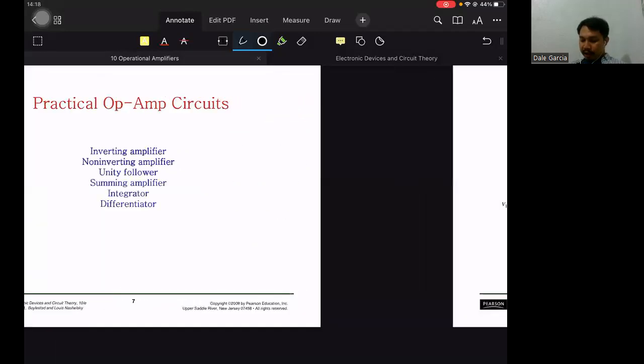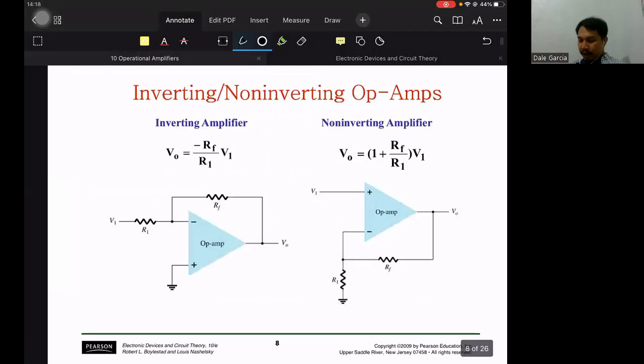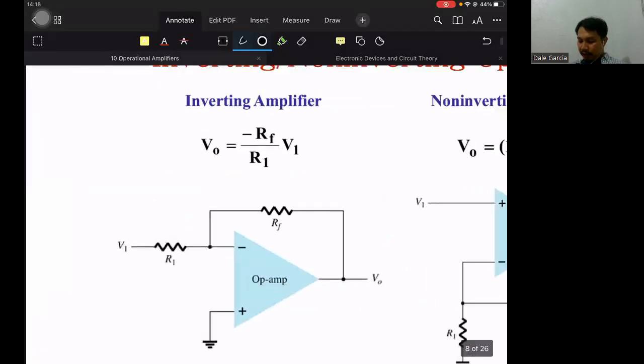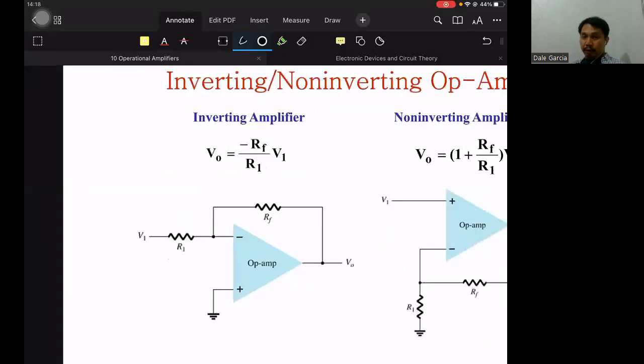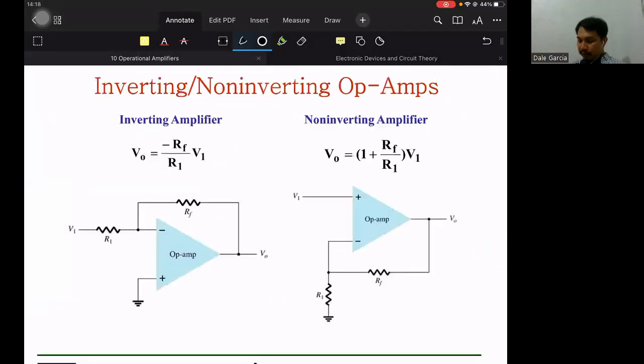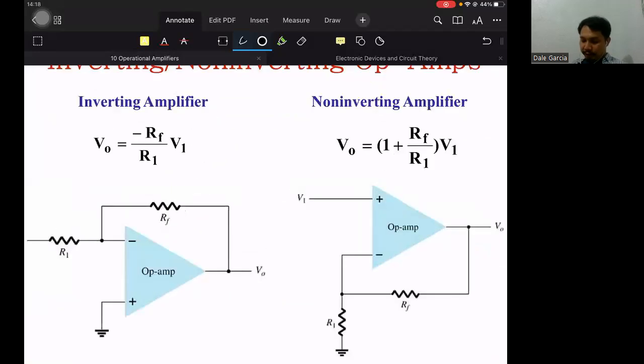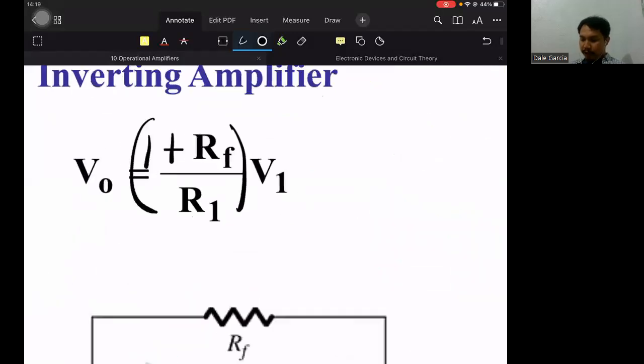For the inverting amplifier, with this formula, if you compare it to the formula of the non-inverting amplifier, aside from being positive, it is plus 1. That's it. Nothing new. So if you know the formula for the inverting amplifier, just add plus 1 here and that is the formula for the non-inverting amplifier.